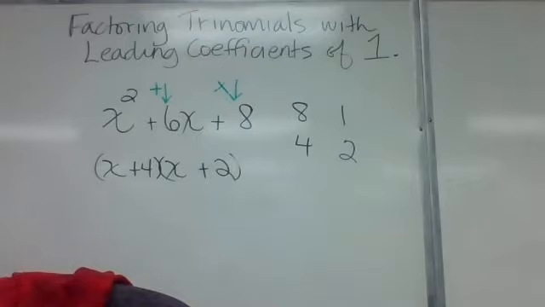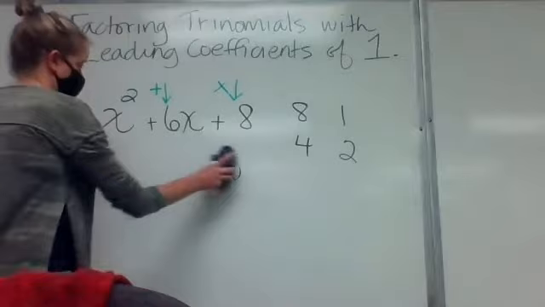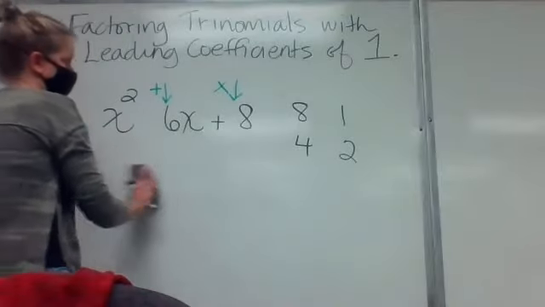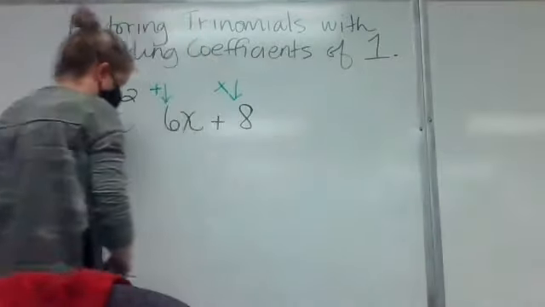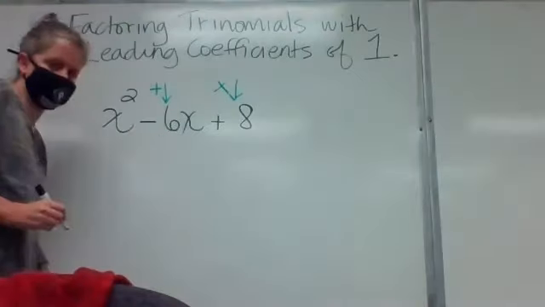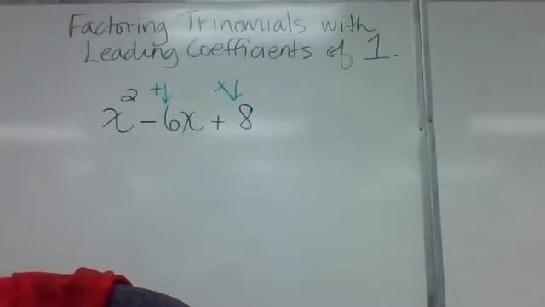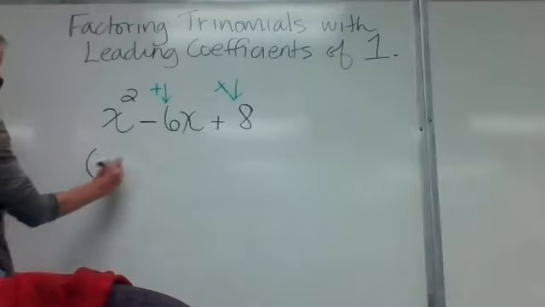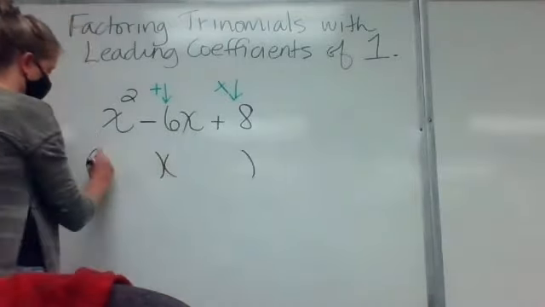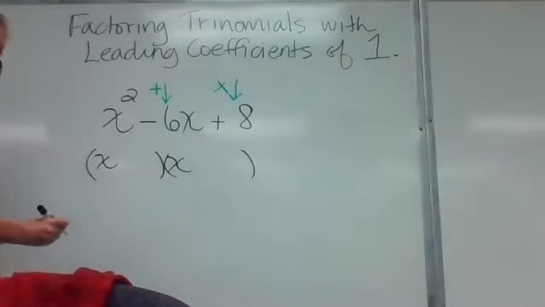All right, let's start talking about signs. Let's say I have the same trinomial, except that's a minus. Starts off the same, right? X and x gives me x squared.